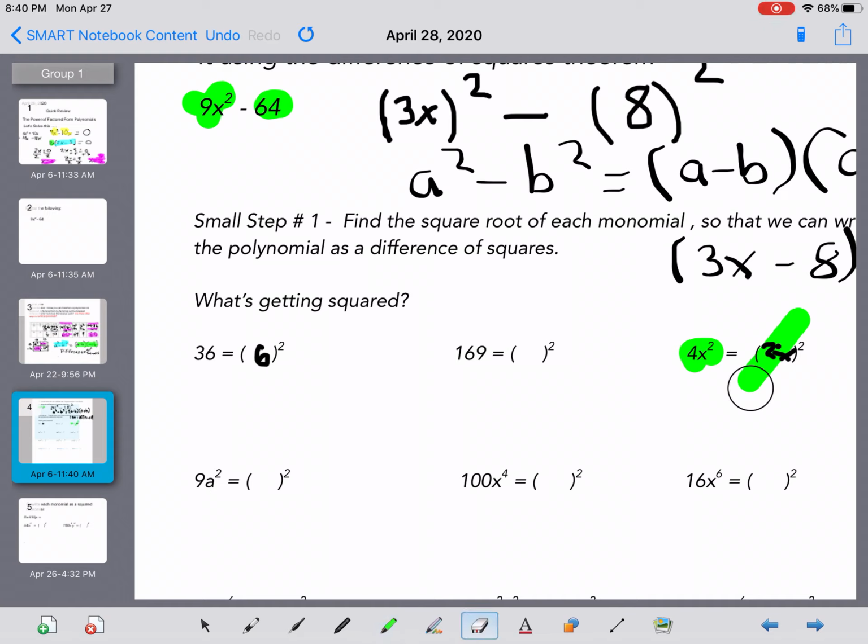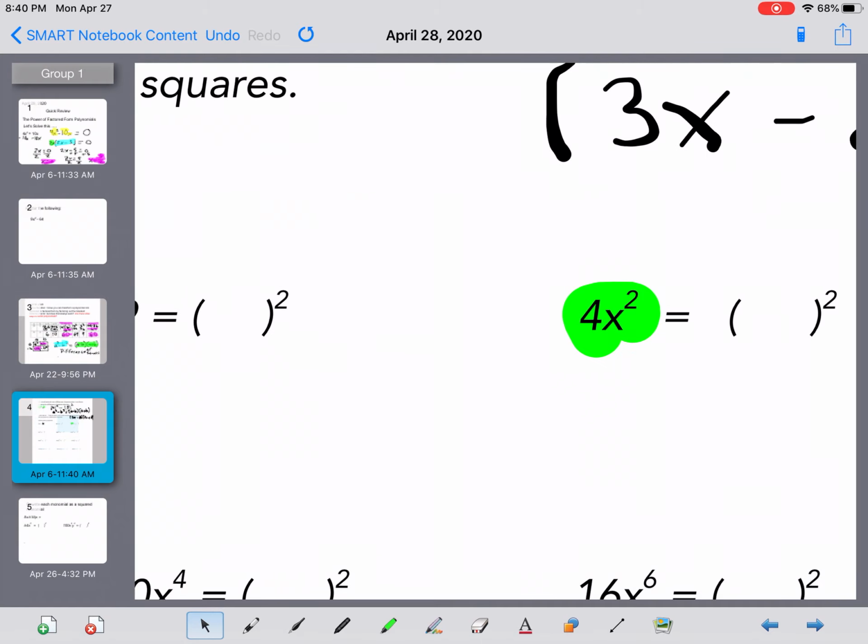Okay, so this is going to be 2x. I'm going to make that a little bigger, guys, so you could see it. I don't want that to mess you up. So this is going to be 2x. Okay? Because 2x times 2x will give us 4x squared.